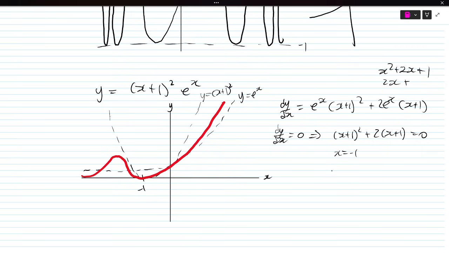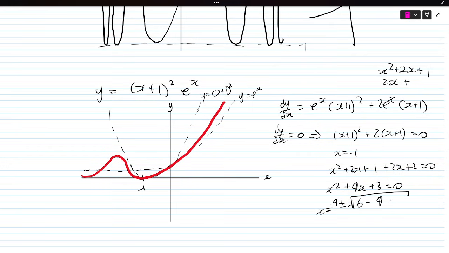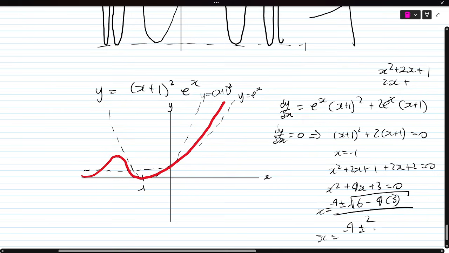The other turning point is going to be from the quadratic formula: 2x is equal to minus 4 plus or minus the square root of 16 minus 12, over 2.